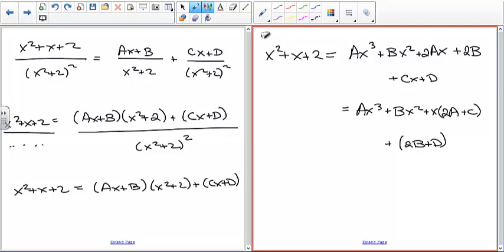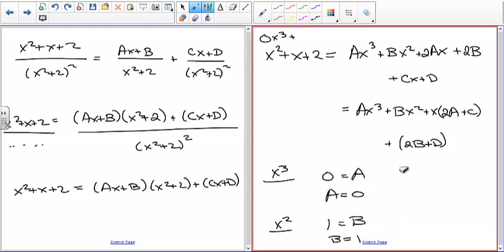And again, there's 0 x cubes. So setting the x cubed coefficients equal to each other, you'll have 0 is equal to a, or a is equal to 0.